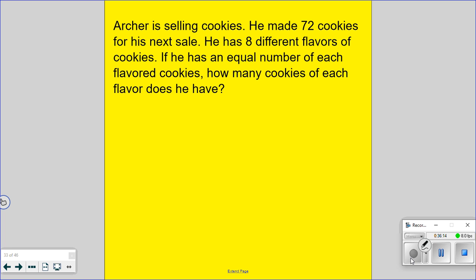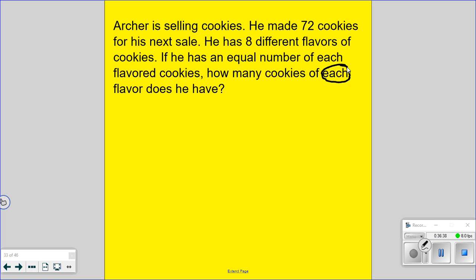Archer, what do you think? Pretty sure we're counting how many cookie flavors go in like each. All right, so you've got the right words, they're not in the right order. I heard Archer use the word each. That is important. But we're not figuring out cookie flavors each.